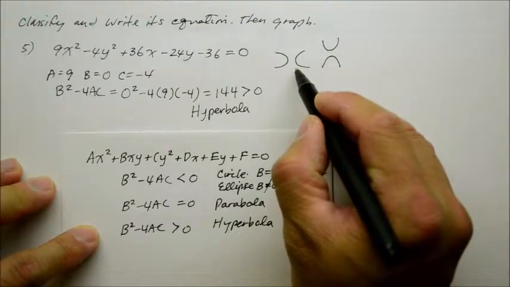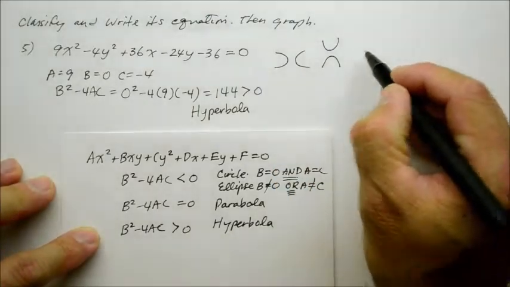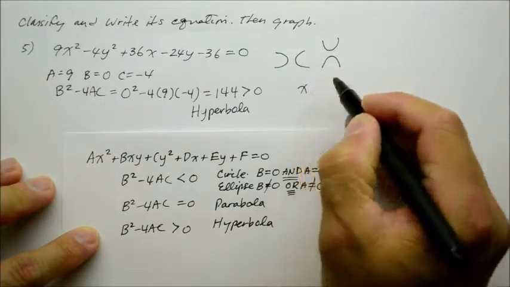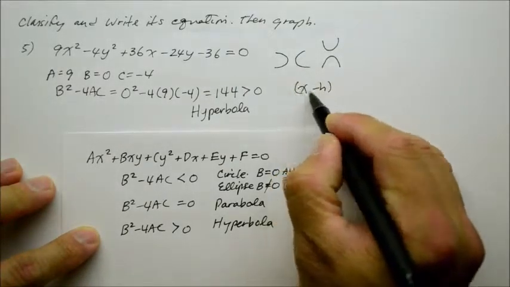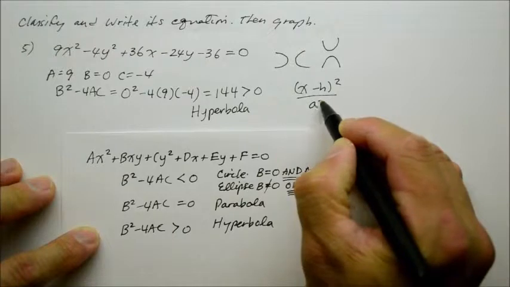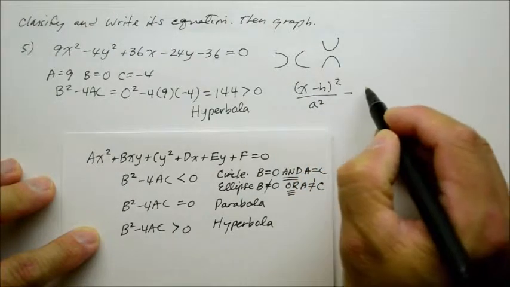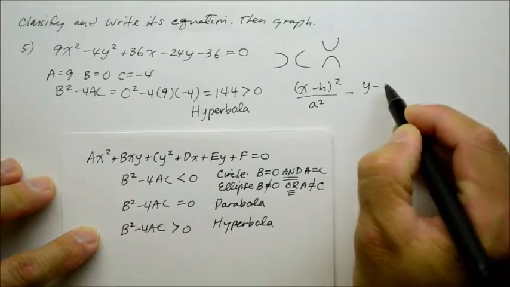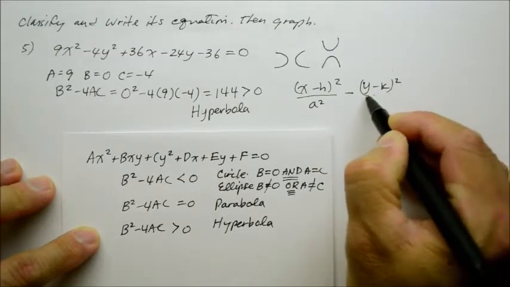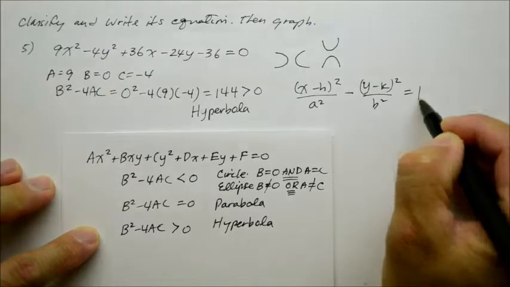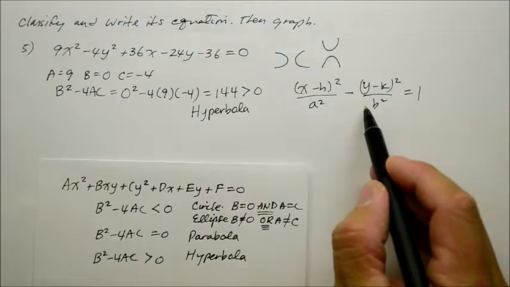If it was horizontal, the standard form should be written as x minus h squared over a squared. And it's a difference now, unlike ellipse. Y minus k squared over b squared, and that's going to equal 1. That is horizontal.